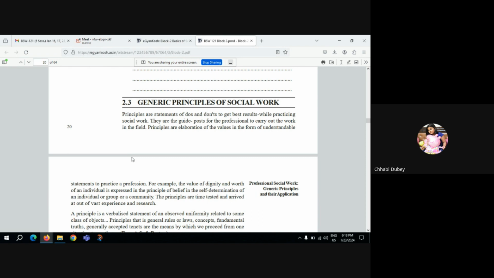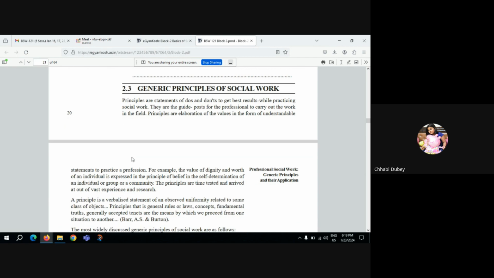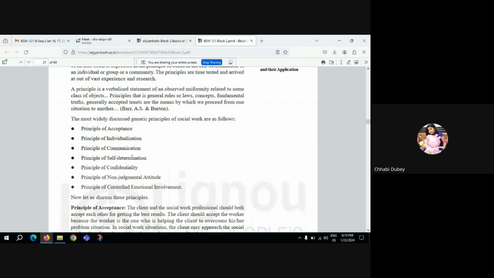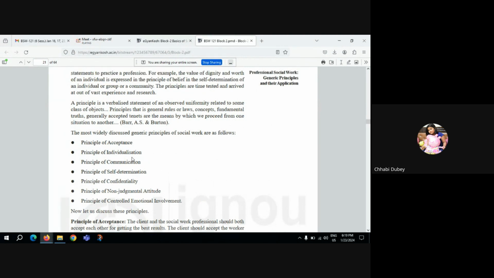These principles are time tested, and they have arisen out of the vast experience and research that has been done by individuals for so many years. Now, a principle is a verbalized statement of an observed uniformity which is related to some class of objects. Principles, that is general rules or laws, are concepts which are fundamental truths, and they are generally accepted by the community or a group.